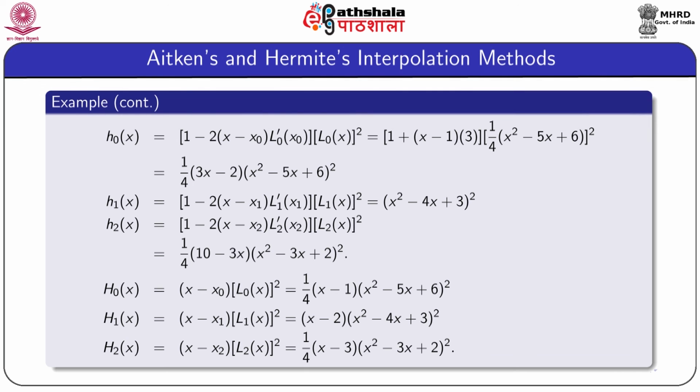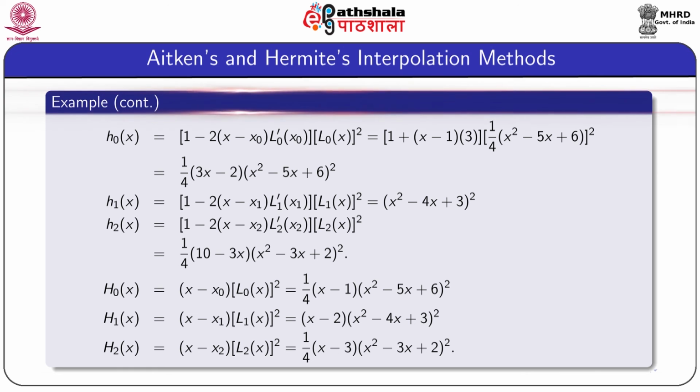Similarly, the value of h1(x) is equal to (x² − 4x + 3) to the power 2, because in this case the first derivative of L1 at x1 is 0, and h2(x) we get equal to 1 by 4 into (10 − 3x) into (x² − 3x + 2) whole square.